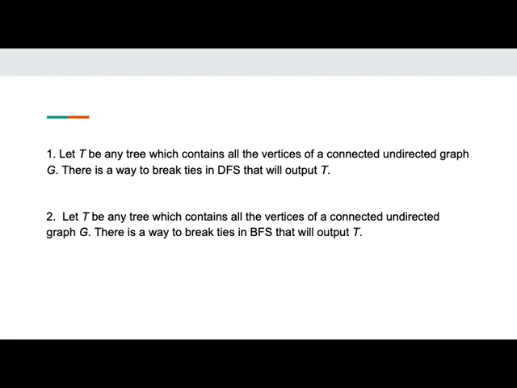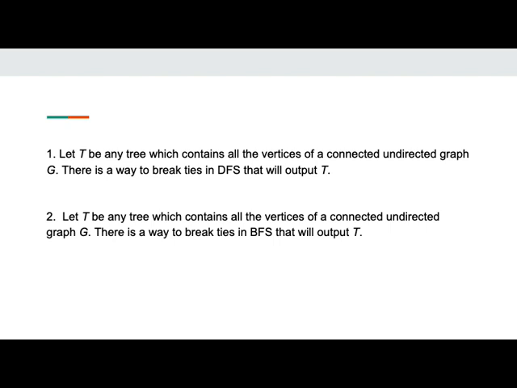So this will always look different from this tree. That's why number 1 is false. Yes, I'm saying if this graph G is a complete graph where every node is connected by an edge.